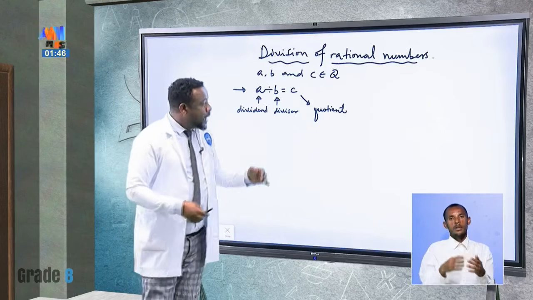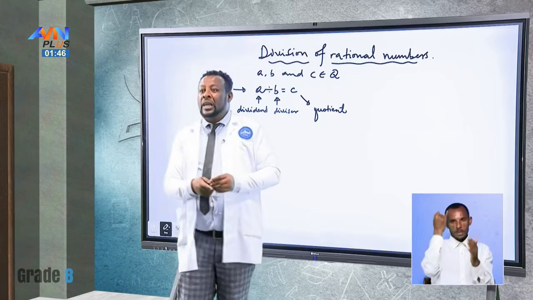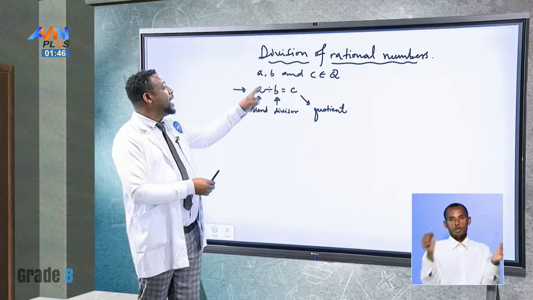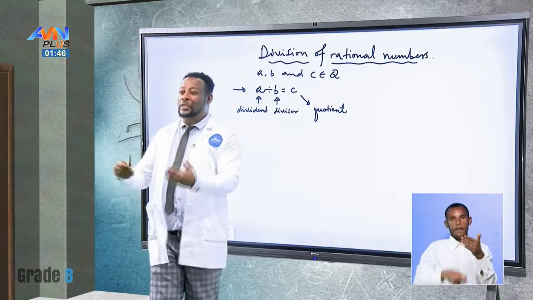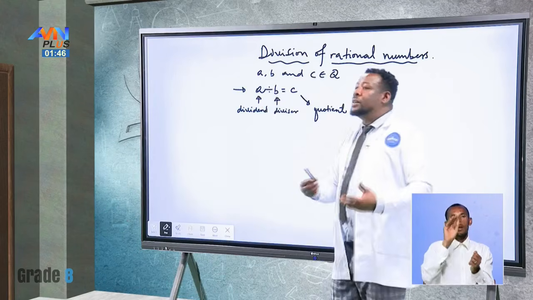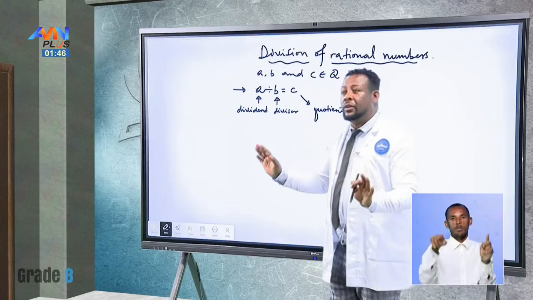Okay. After saying about some of the terminologies, there are also principles in division. If both A and B are positive, the quotient C will be positive. If both A and B are negative, the quotient C will be positive. Okay?